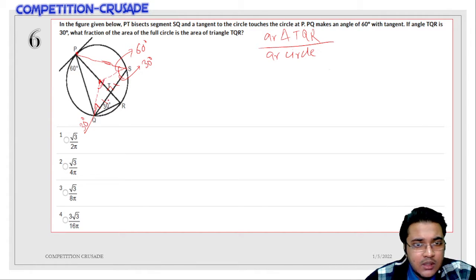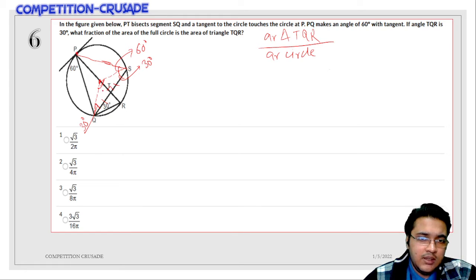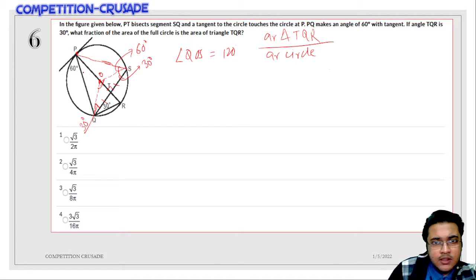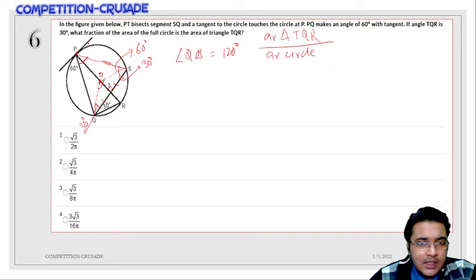So this will be 60, this will be 60. So this angle QOS will be 120 degrees, which will eventually make this angle 60. So basically a lot of things I have been able to calculate.